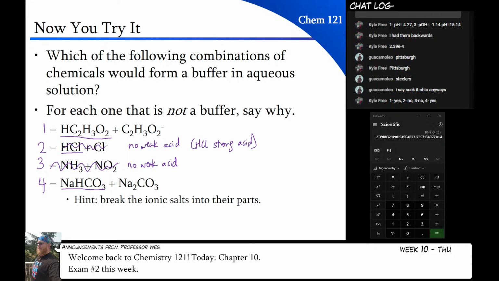And then down here we've got bicarbonate and its conjugate carbonate. These differ by H+, and they're both weak acids and bases. So this would work. You can make a bicarbonate carbonate buffer, no problem. In fact, that buffer is pretty common because the pH of bicarbonate is roughly 7 or so.